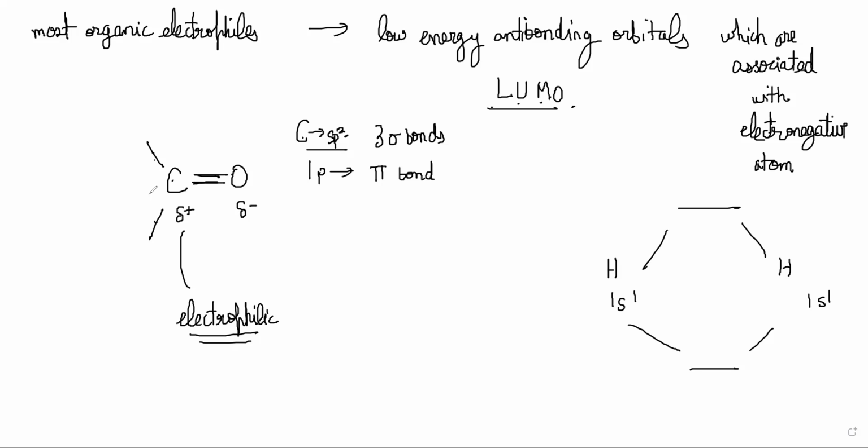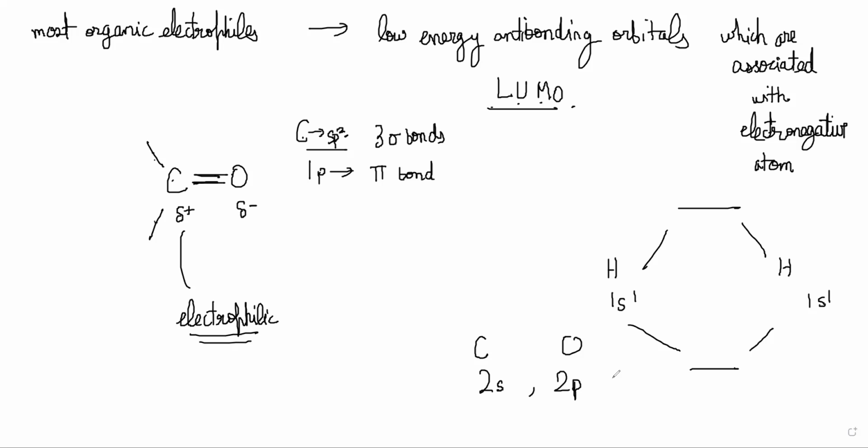So the molecular orbital structure will be slightly different because two different types of atoms are combining. There will be orbitals formed from both 2s and 2p from carbon and oxygen, right?